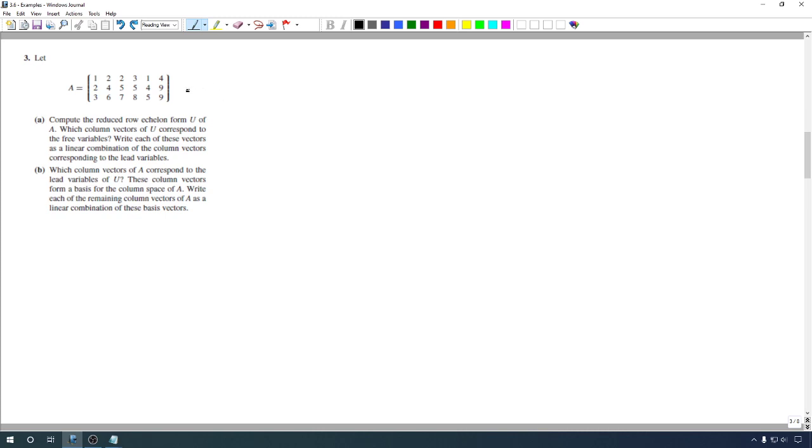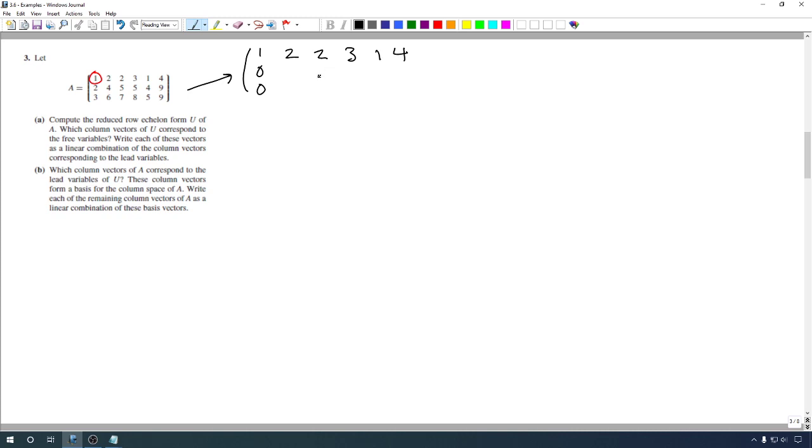Again, I'm just going to draw arrows to the new ones. I'm going to use this first one. This one is a good thing to pivot off of. So I'm going to keep this first row, but change everything else in that first column to a 0. That first row stays the same.